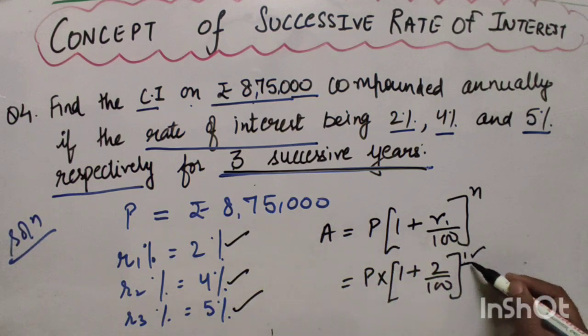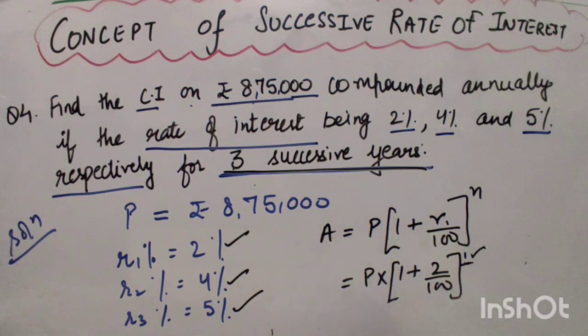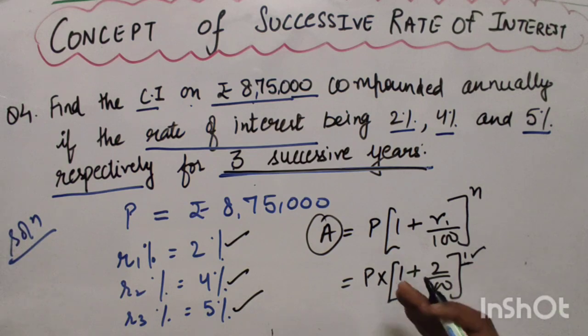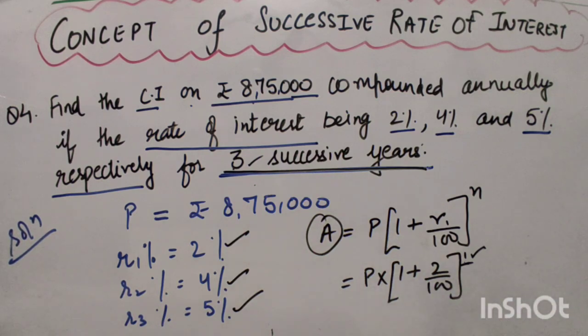So I put the time period as 1 only, and this way we find the amount for the first year. Now we know that for the next year this amount becomes the principal, and this procedure continues till the last year. So it is a longer method for doing the same question.